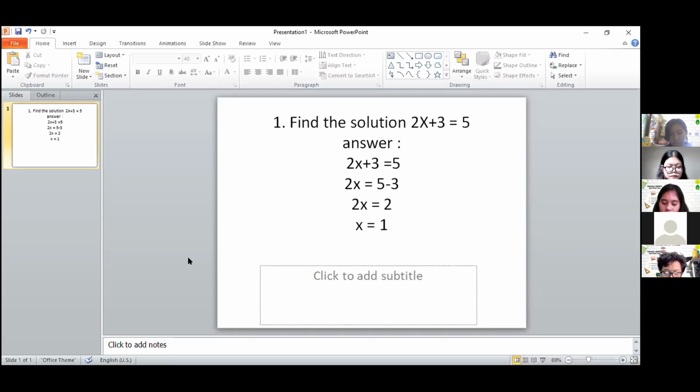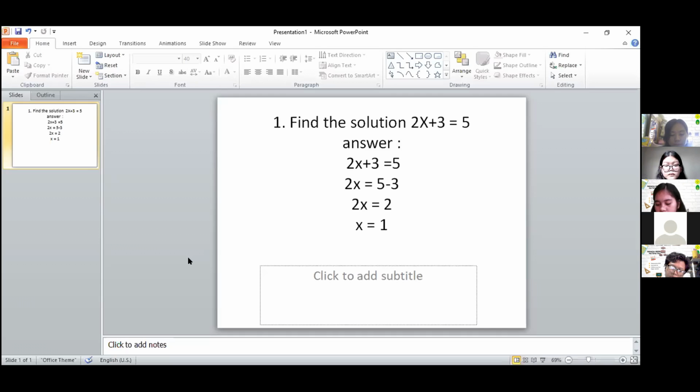Because we use an equal sign, on the right side, 5 must be added by minus 3 too. So on the left, we have 2x plus 3 plus minus 3, and you can use associativity in addition.